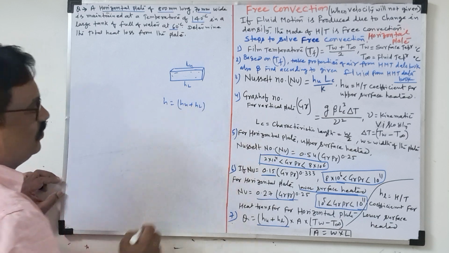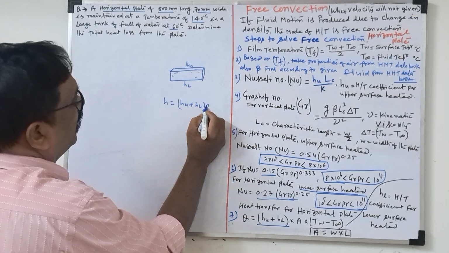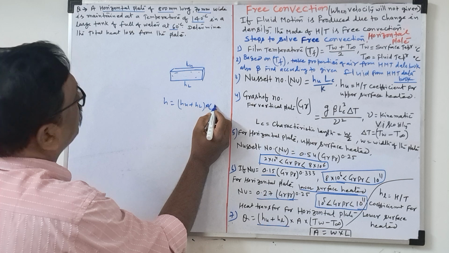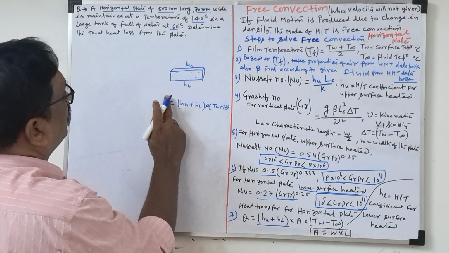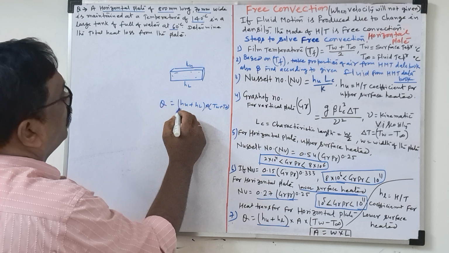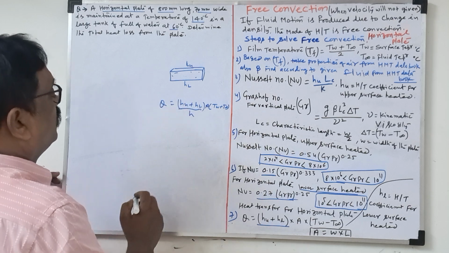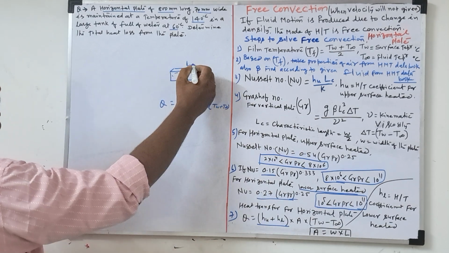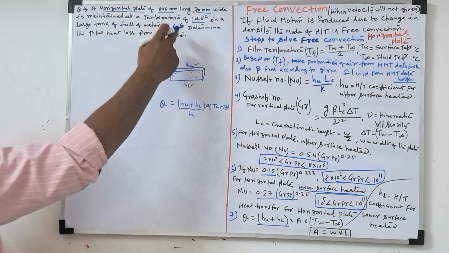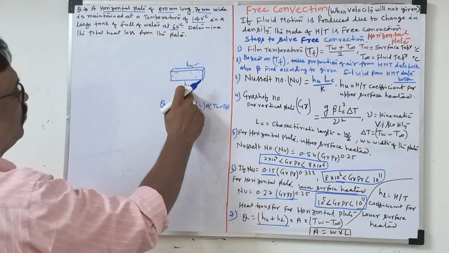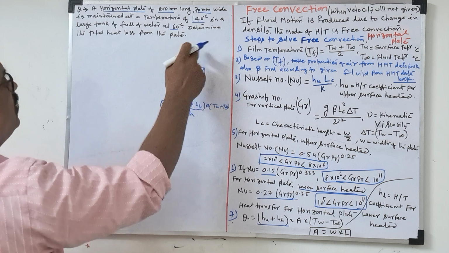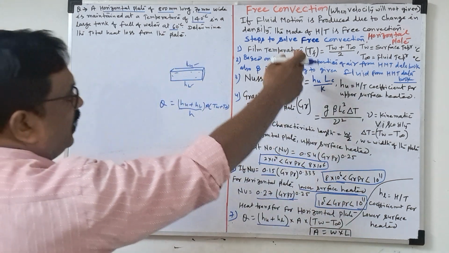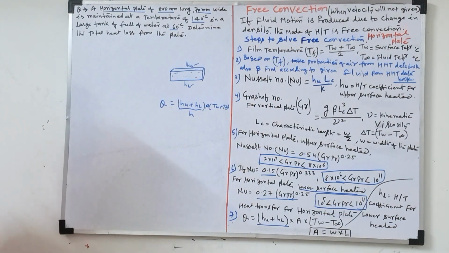And as usual Q equals area into delta T, that is TW minus T infinity, times the total heat transfer coefficient, HU plus HL. Upper surface heated, lower surface cooled; lower surface heated, upper surface cooled. This we have to find, which we will explain in the theory, and parallelly we will explain that.